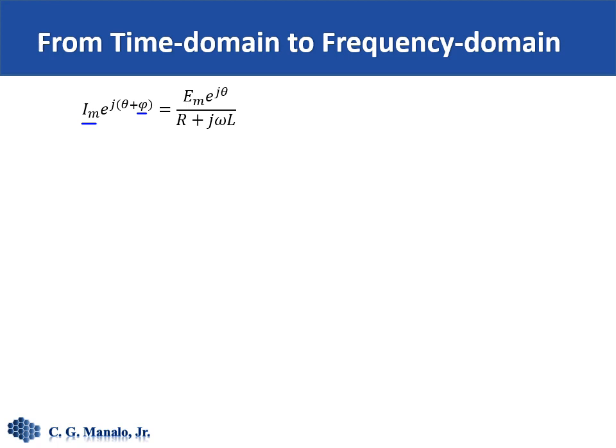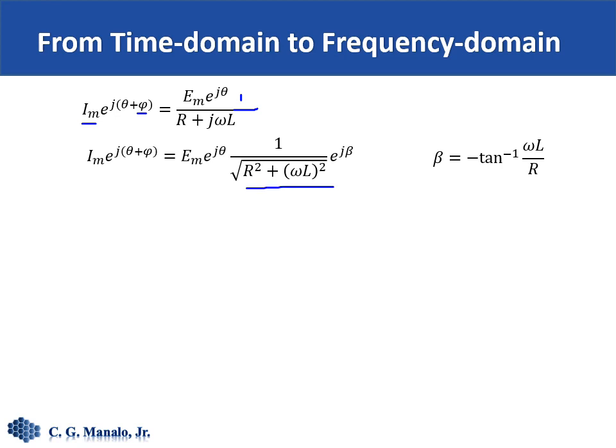Now take note that 1 over R plus j omega L is also a complex expression, and that can also be replaced by a complex exponential expression, which is, I won't go over the details, this one, where the angle beta is given by this one.